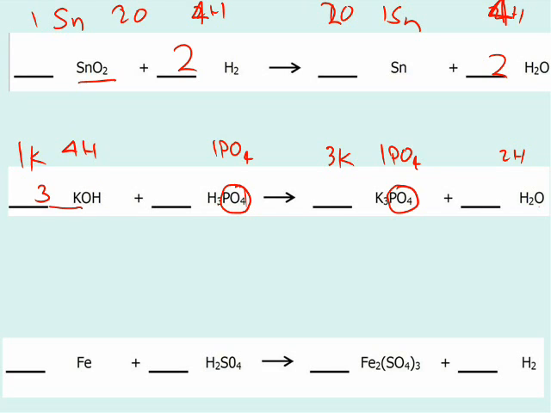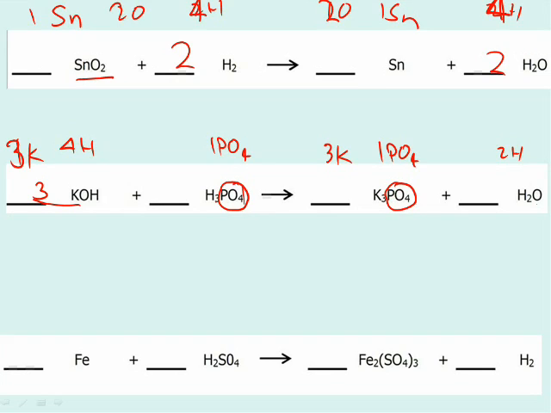So this is 3 Ks. So that makes it 3 potassiums and 3 oxygens. And now we have 3 hydrogens plus 3.